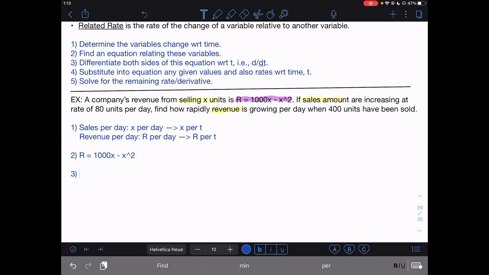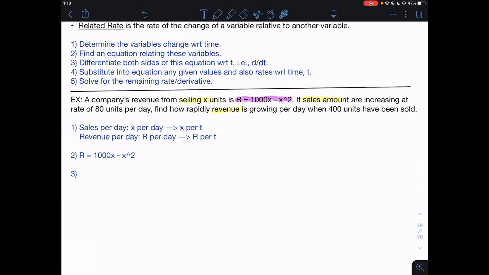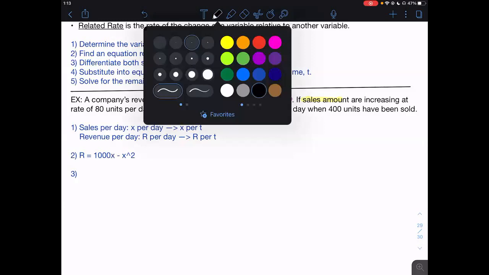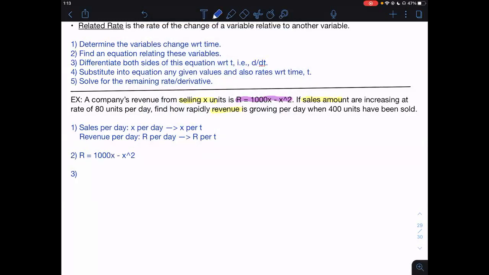So once we identify that equation relating our two variables, then the next step is to take that equation and differentiate both sides of it with respect to that third variable of time. Okay, so now it's implicit derivative time. Let's take this step by step.